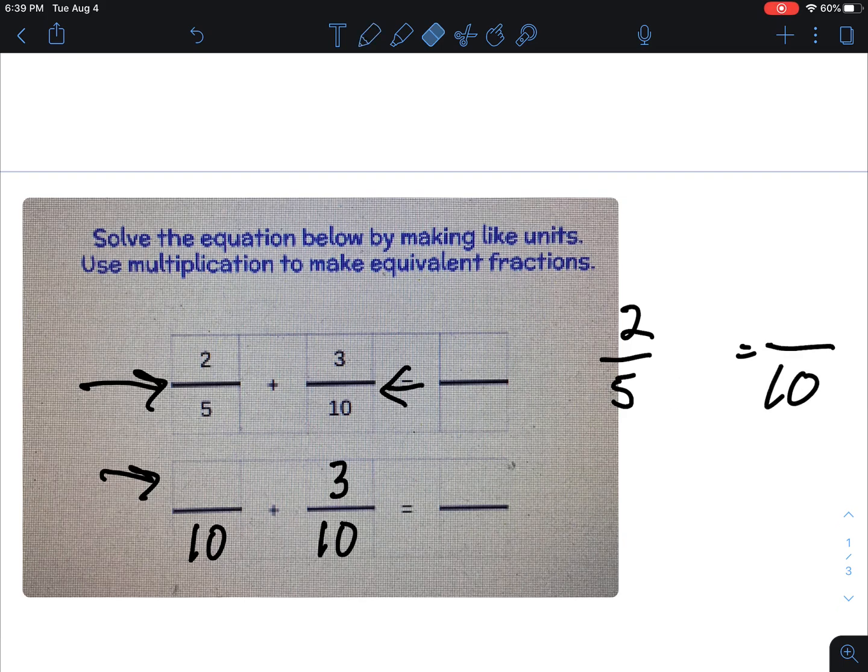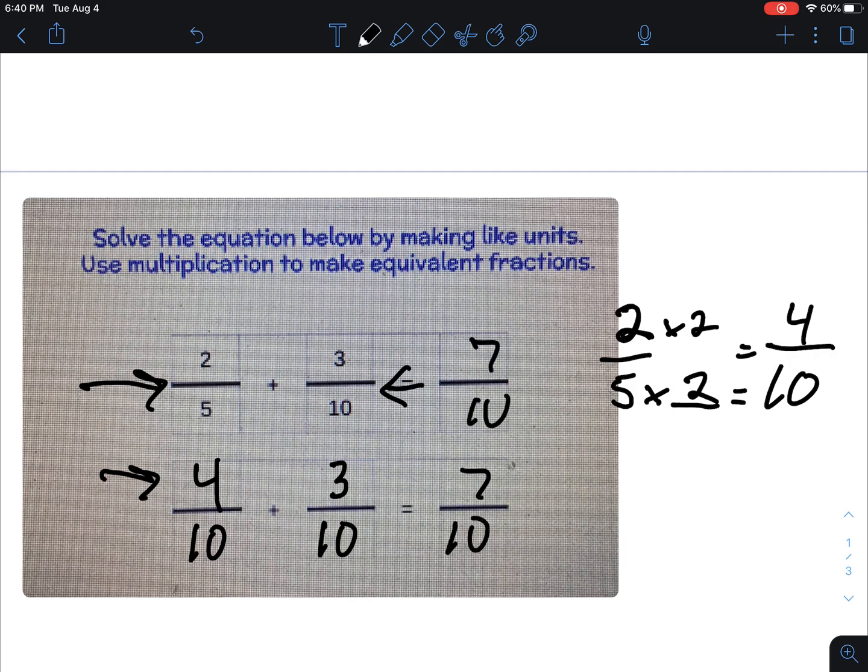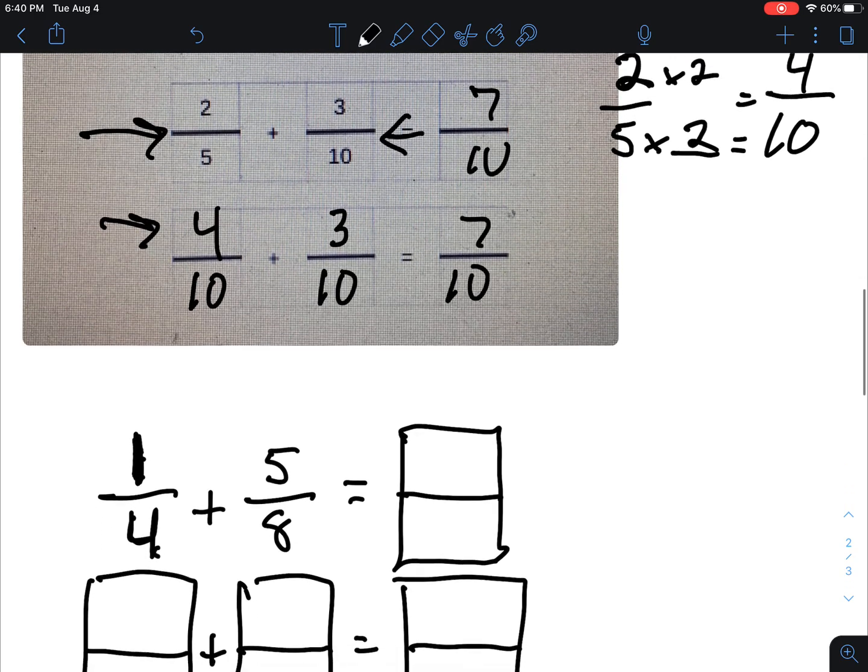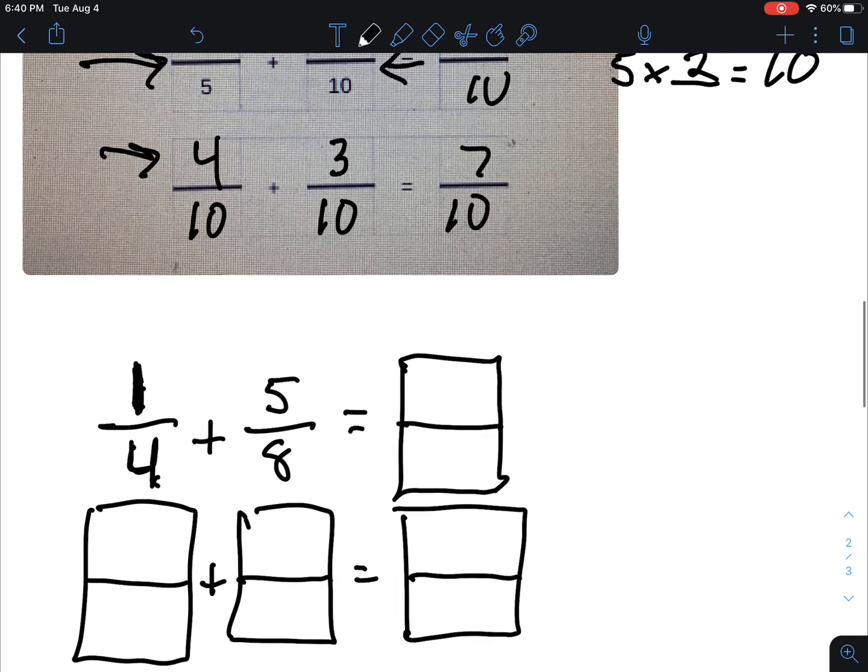So again, oops, I already gave you the answer. What did I multiply 5 by to get 10? The answer is 2. So if I multiplied the 5 by 2, what am I going to do with my numerator? That's right, you're going to multiply it by the same number, and so you get 4 over 10. And so now I can just add those two fractions together because they have the same denominator now, and I get 7 over 10.